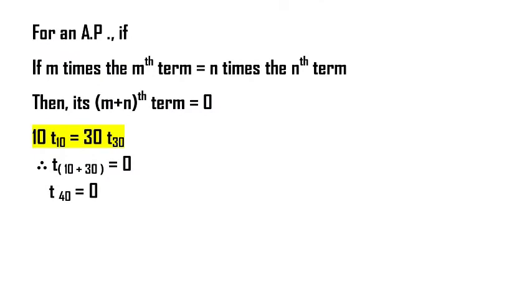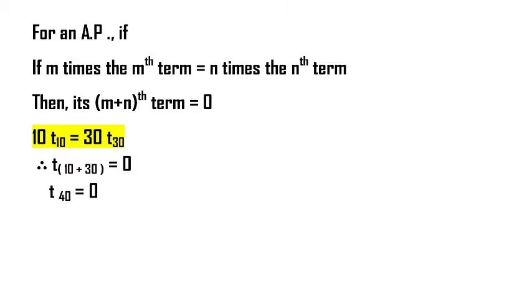For an AP, if m times the mth term is equal to n times the nth term, then its (m plus n)th term will be equal to 0. That means 10 times T10 is equal to 30 times T30. So the 10 plus 30 term is the 40th term.